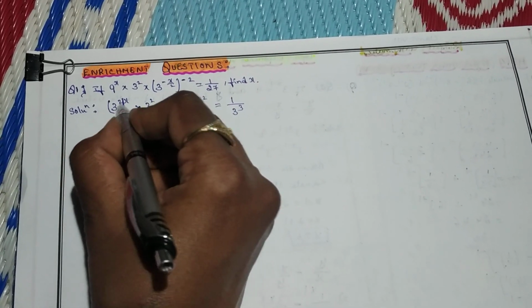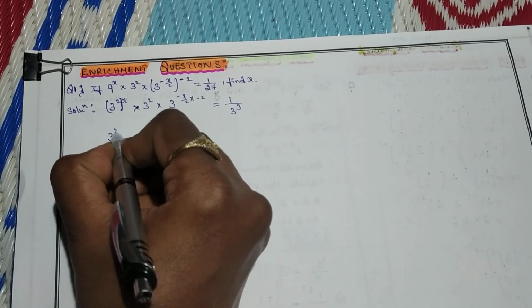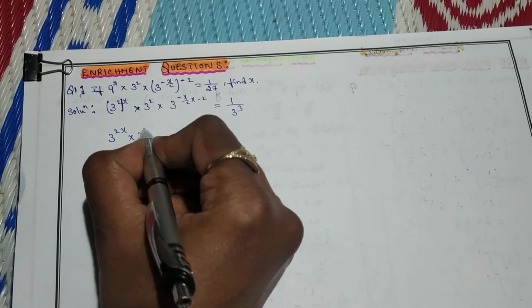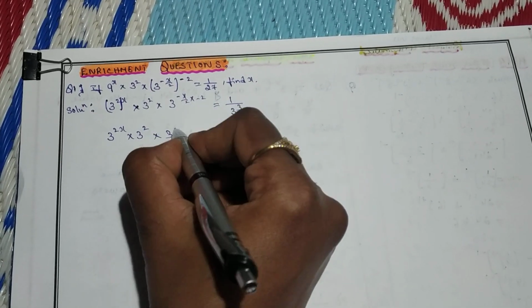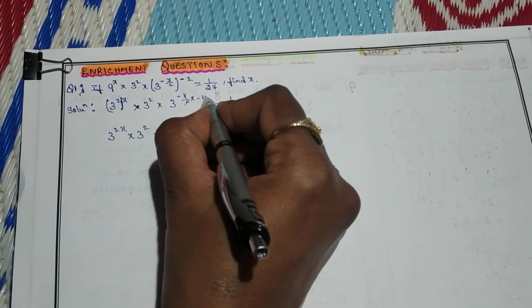Then applying the exponential law, I can write 3 power 2x into 3 power 2 into minus, minus into minus is nothing but plus, and this 2 gets cancelled.